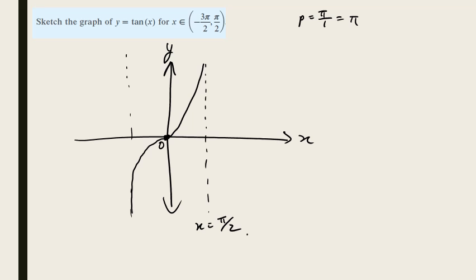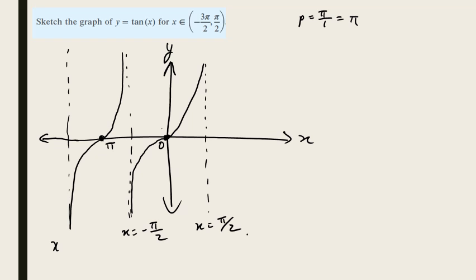That doesn't look very nice. So that's x equals negative pi over 2. It starts from the top again. Remember a period is pi, so it goes from 0 to pi there. So that's one cycle. Then the next one is pi away, so that's x equals negative 3 pi over 2.